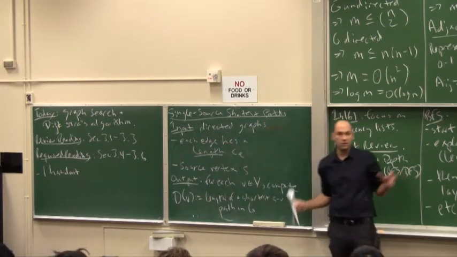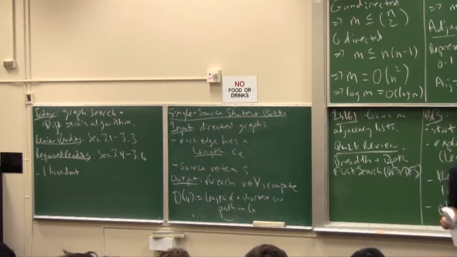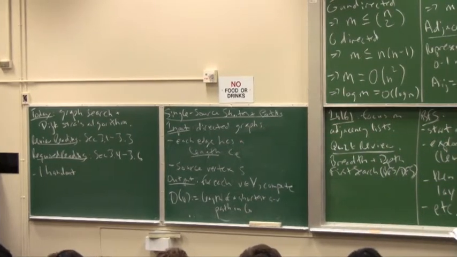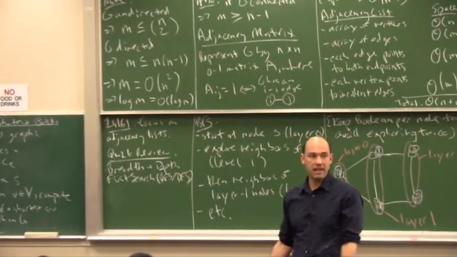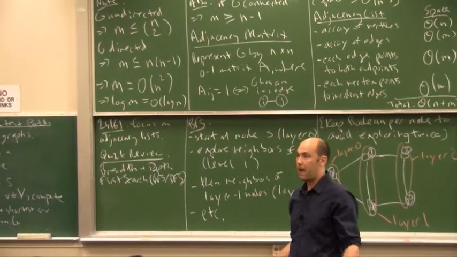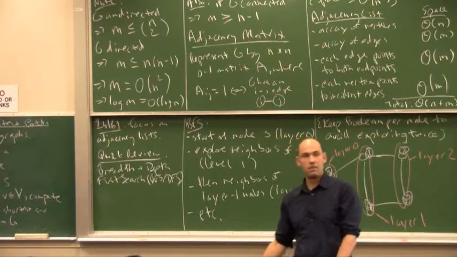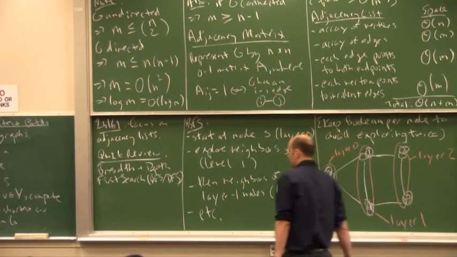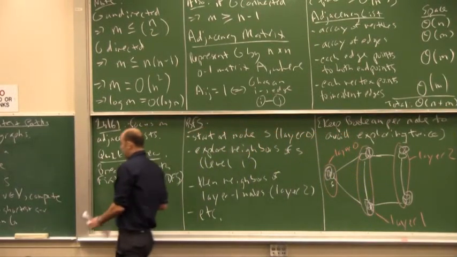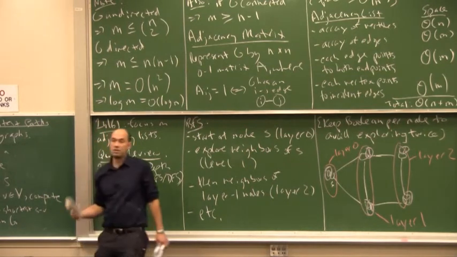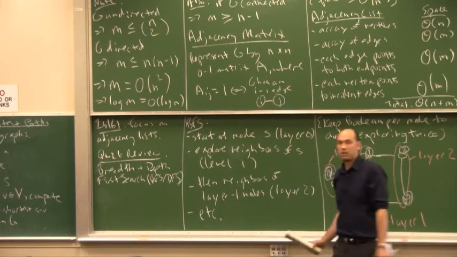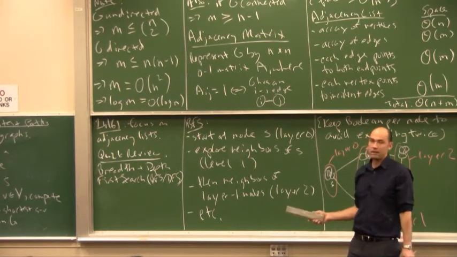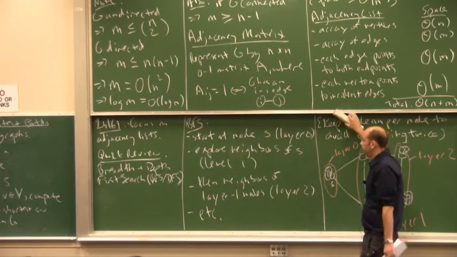And again, remember, each edge has a length. A path comprises multiple edges. And when we talk about the length of a path, we just mean the sum of the lengths of the edges in the path. So the shortest path is just the path with the smallest sum of edge lengths. Notice that need not be the path with the smallest number of edges. A path with two edges, each with small length, is better than a path with one edge that has a large length.